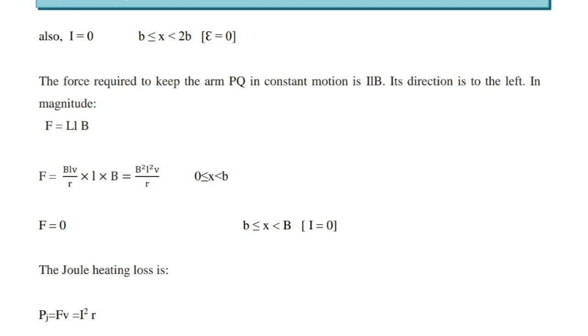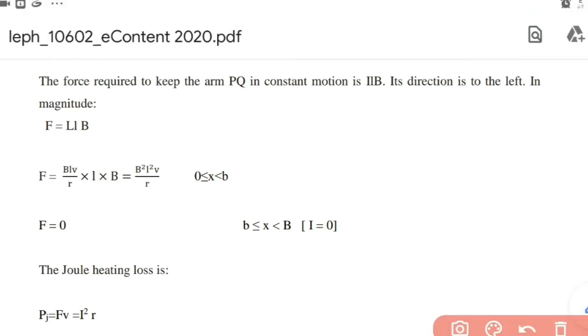I is just epsilon by R, where R is the resistance of that conductor PQ. It's given in the question, small r is the resistance. So we have the expression for force as BLV by R into L into B. So we have B square L square V by R. That is in the limit when the conductor is moved from 0 to b.